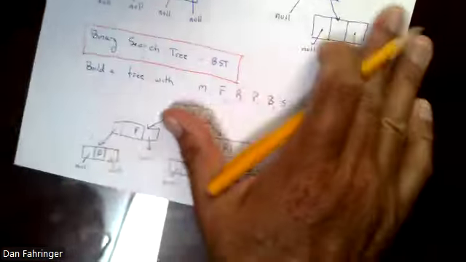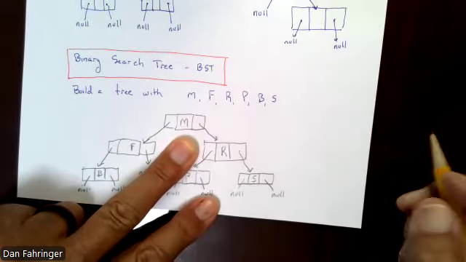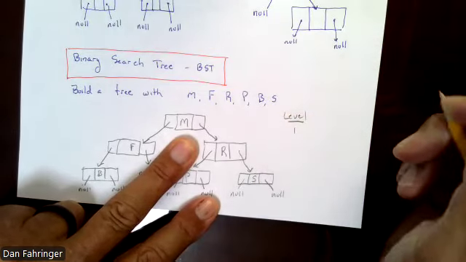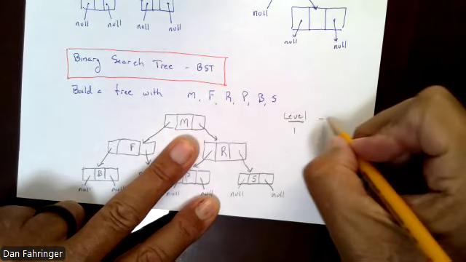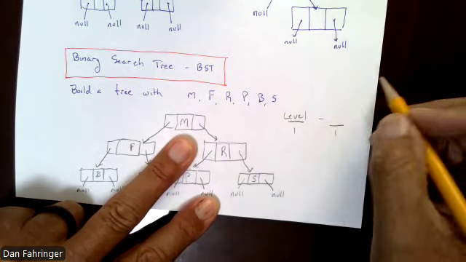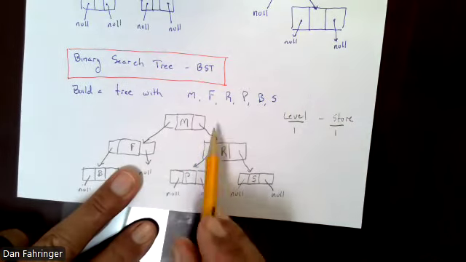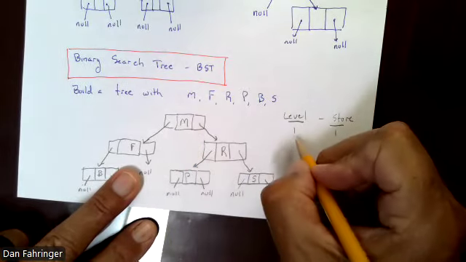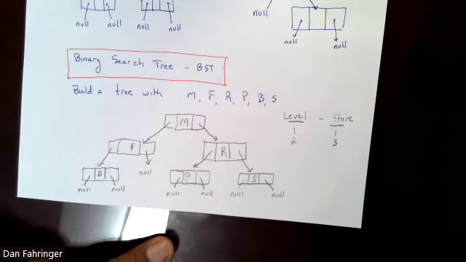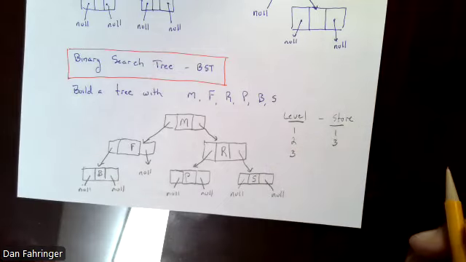So let's see if I do a little work over here. For this first level, I believe I can store one value. If I look at 2 levels, I can store 3 values. 3 levels, how many values can I store?